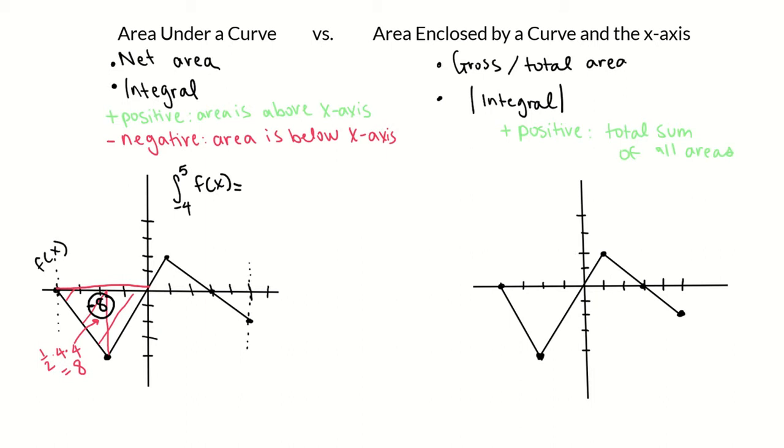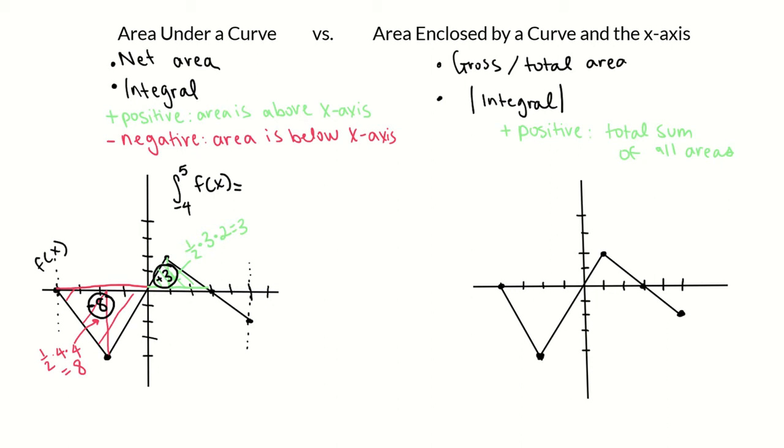Now this next portion of the graph right here, again, that's a triangle, so half the base, which is 3, times the height, which is 2. Half of 3 times 2, half of 6, which is 3. So this piece of area contributes positive 3 to the total area.